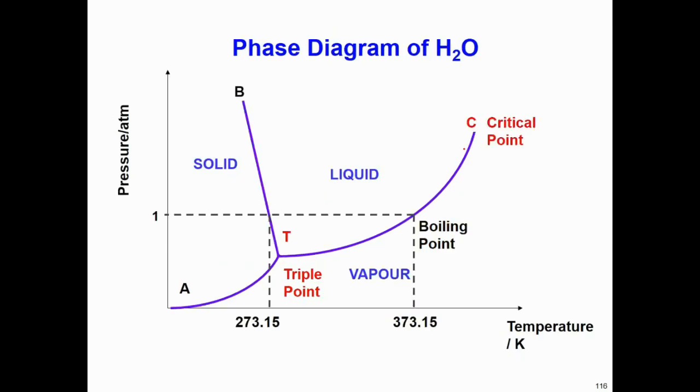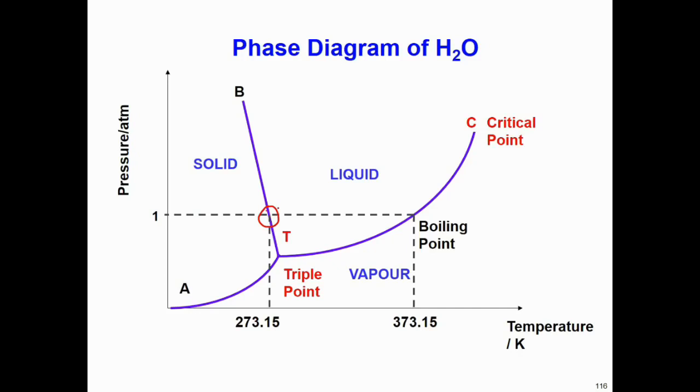Now let's look at the phase diagram of H2O. At 1 atm, firstly, H2O exists as solid, which is ice. If we increase the temperature to 273.15 Kelvin, ice will turn into liquid.